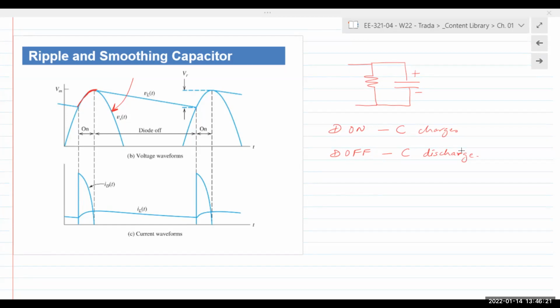And remember, if you remember first order circuit, the end result of a discharge cycle, what is the end value of a discharge? 0. So at some point in the future, that capacitor should discharge to 0. However, before it can discharge completely to 0, the next cycle hits, the positive cycle, and it starts charging again. And so what you would get is a waveform that looks like this, the one that I'm drawing out in the red.